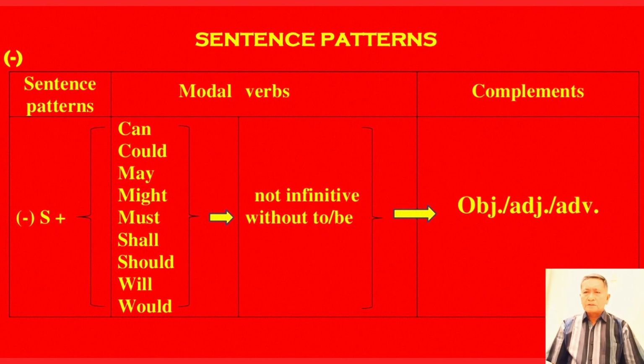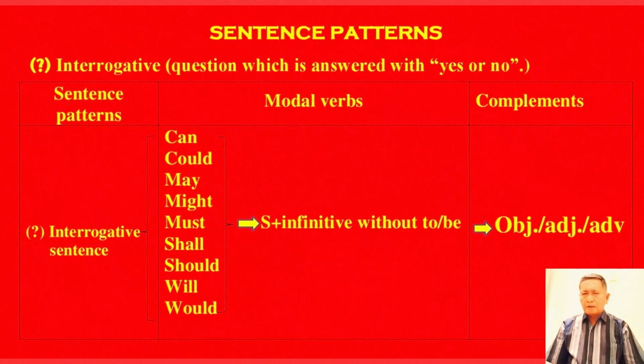Sentence patterns in interrogative sentences: modals can, could, may, might, must, shall, should, will, or would, plus subject, plus infinitive without to or be, plus complement, object, adjective, or adverb. Interrogative sentences is a question which is answered with yes or no.